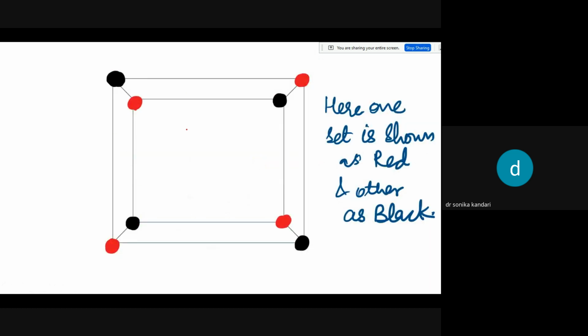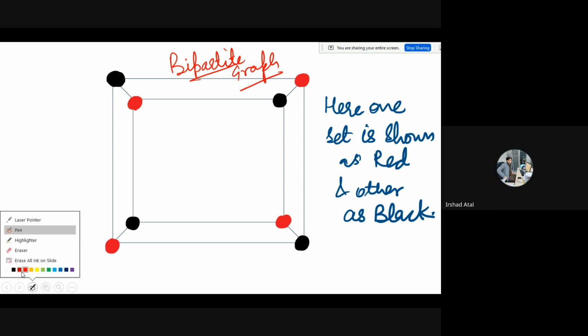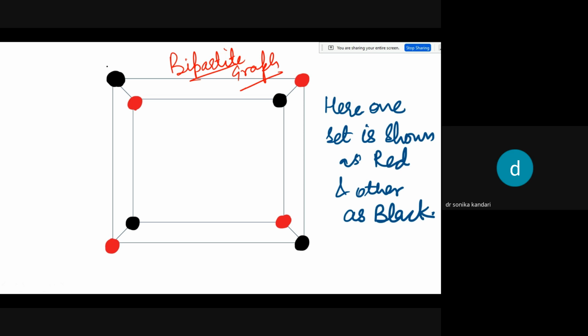Can you tell whether the example shown here is a bipartite graph? Yes or no? How can you say? Two different colors are there.